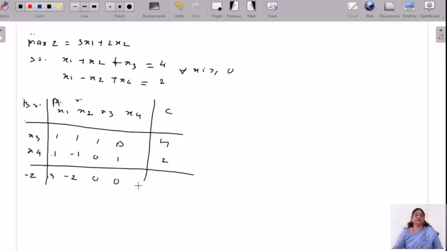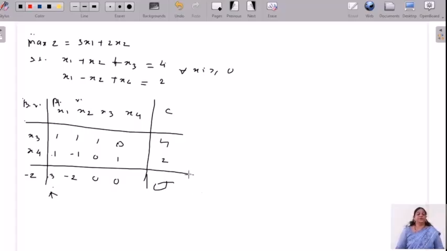Obviously here all Cj are not greater than or equal to 0. Therefore we choose the entry variable first, then by using the minimum ratio test we choose the exit variable. Here minus 3 and minus 2, minus 3 is the minimum, therefore x1 is the entry variable.